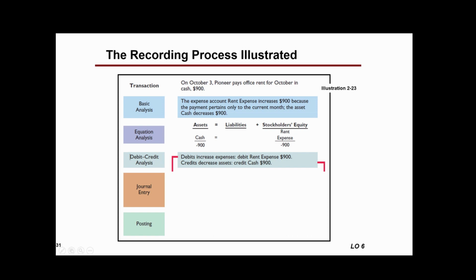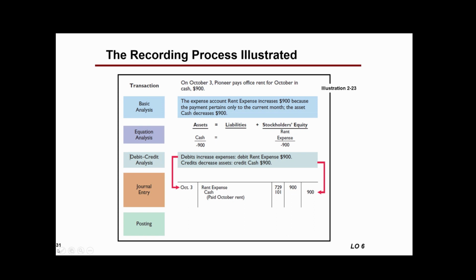We have an increase in expenses, 900. So the journal entry will be what? On October 3rd, we debited rent expense, 900, and then, remember you have to put this indentation a little bit to the right, you have the right side of the equation, which in this case is cash, a credit to cash for $900.